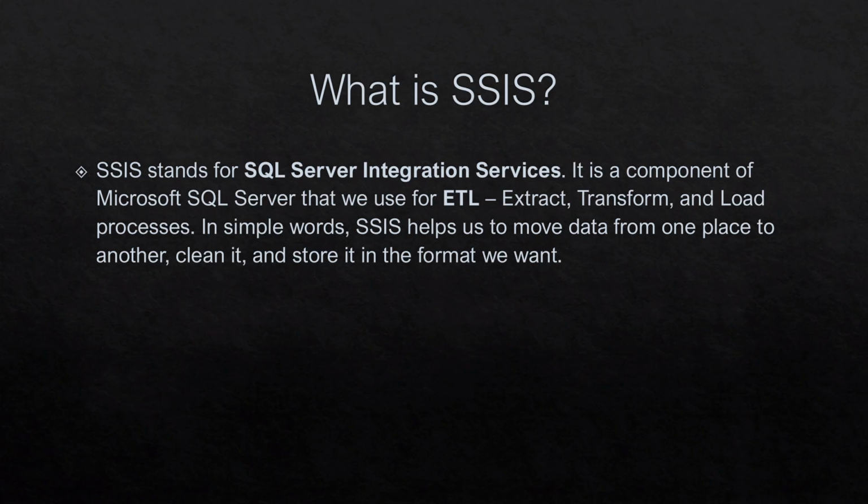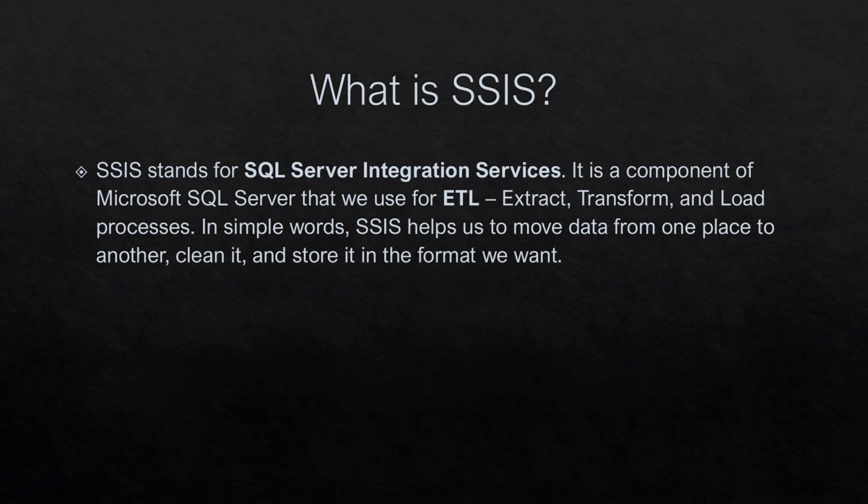As we said, it is used for ETL: extract, transform, and load. What is ETL? That we will check. Extract means pull data from different sources like SQL, Excel, Oracle, flat files, or APIs. That is extract. Transform means clean, modify, merge, or apply business rules to the data.